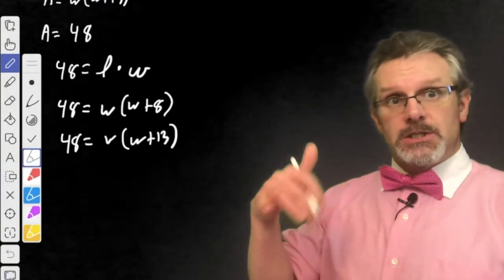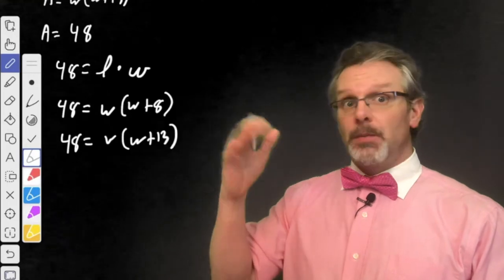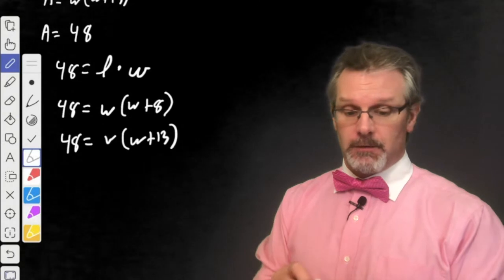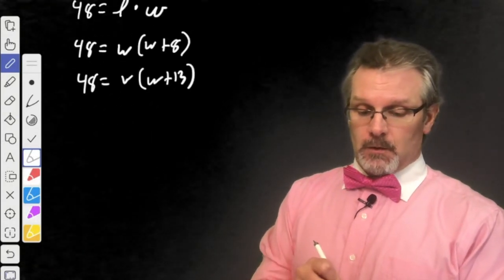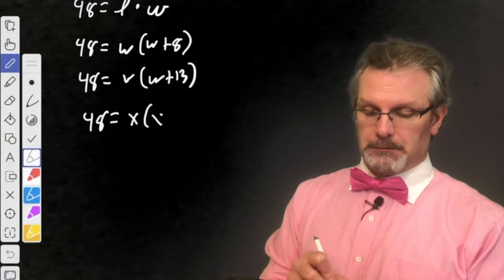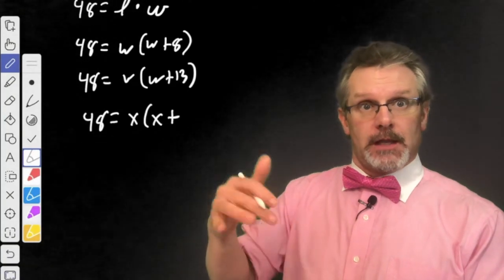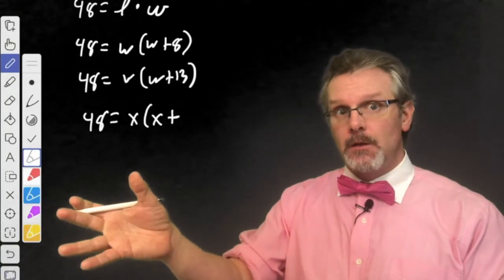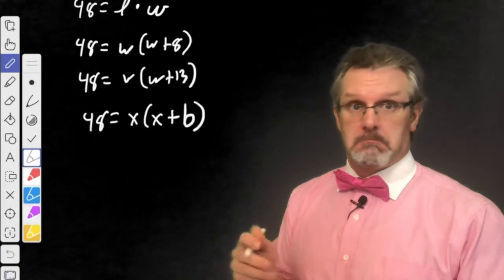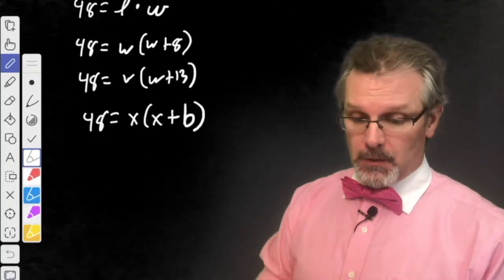Now, can we change this to make it so that we are able to put in any number that'll work out, that'll multiply to give me 48? So 48 equals X times X plus some number. We know we want the length to be something a little bit longer than the width. So plus B. We don't know what it is, so we can substitute in any number that we want.